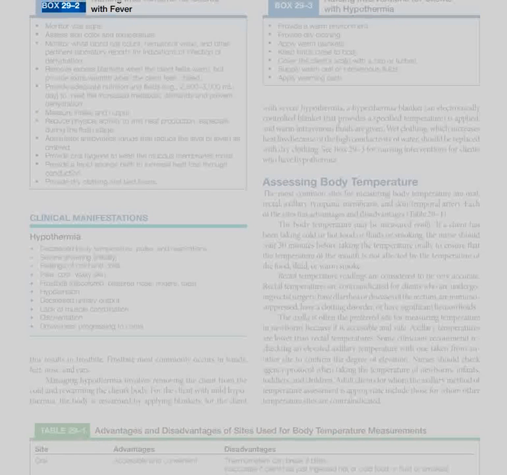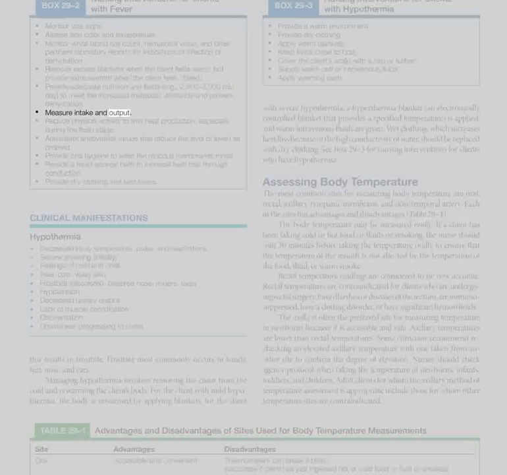Nursing interventions for clients with fever, Box 29-2. Monitor vital signs. Assess skin color and temperature. Monitor white blood cell count, hematocrit value, and other pertinent laboratory reports for indications of infection or dehydration. Remove excess blankets when the client feels warm, but provide extra warmth when the client feels chilled. Provide adequate nutrition and fluids, for example 2,500 to 3,000 ml/day, to meet the increased metabolic demands and prevent dehydration.